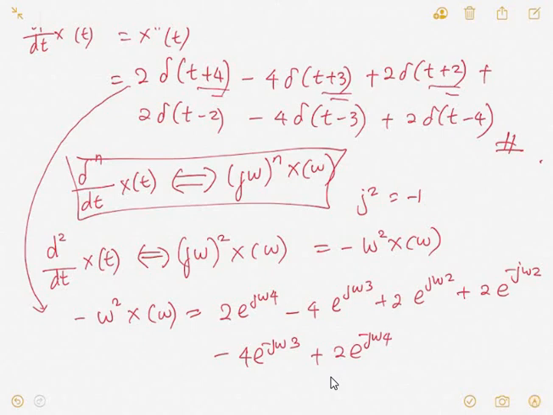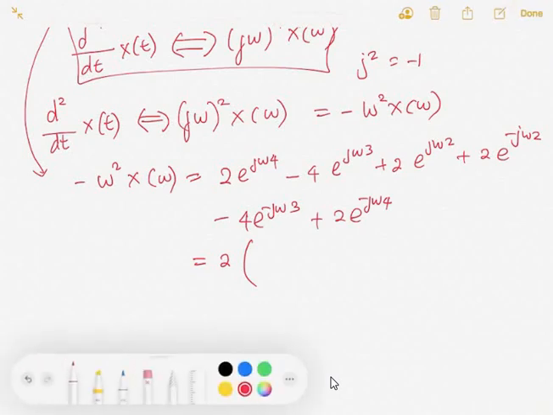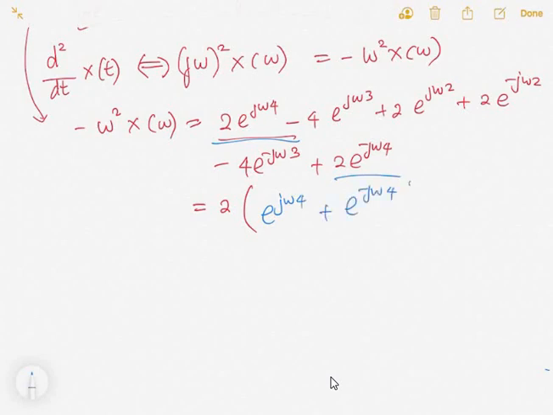Okay, and then we simplify. We collect the j omega 4 and minus j omega 4. So we have 2 times exponent j omega 4 plus exponent minus j omega 4, and then minus with 4.